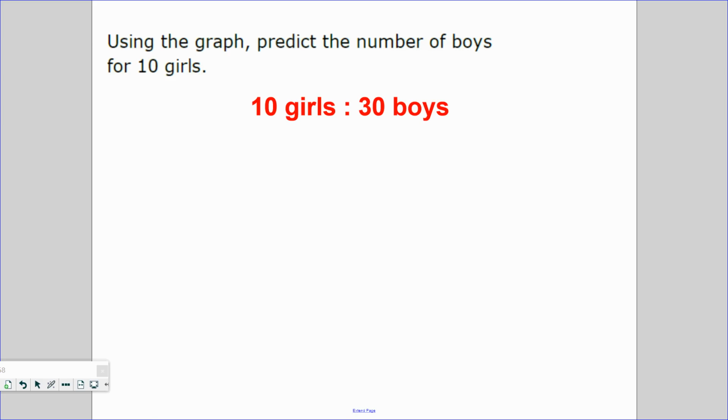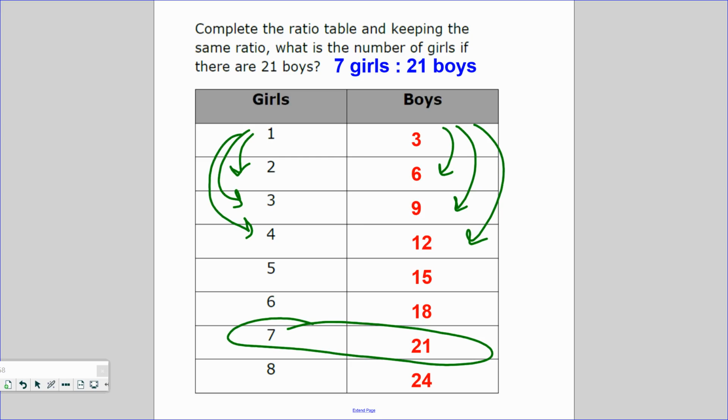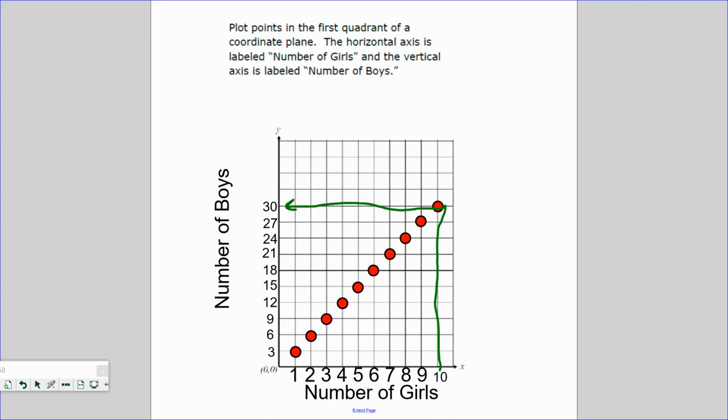If I keep on completing this, 10 girls would be 30 boys. Another way to do it is you could have extended this. 9 would be 27 boys, 10 girls would be 30, times 3, because there are triple the number of boys to girls.